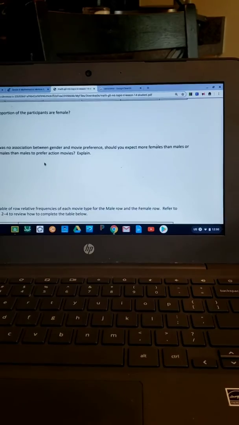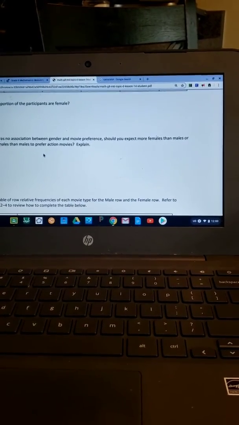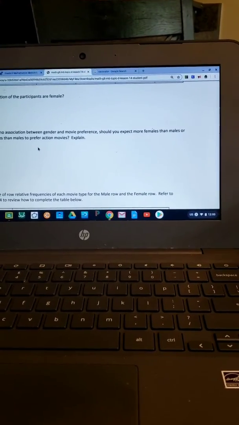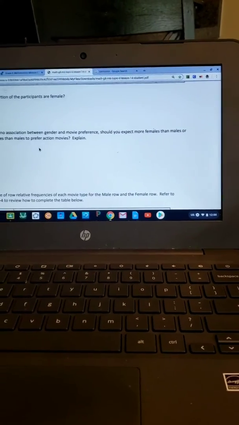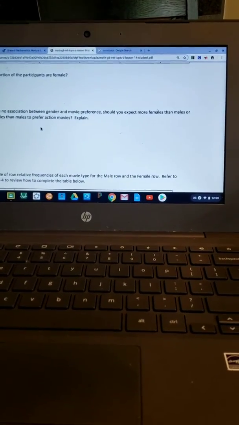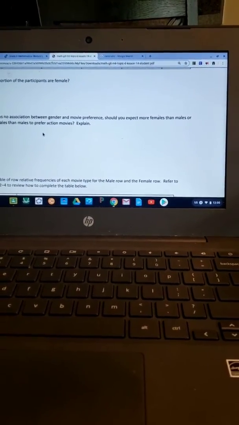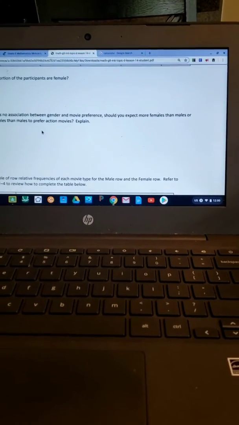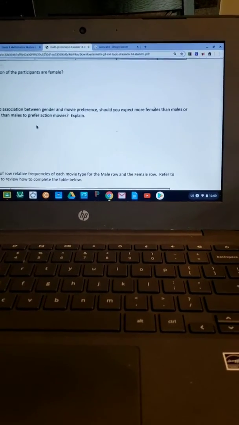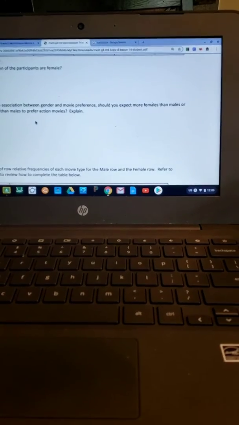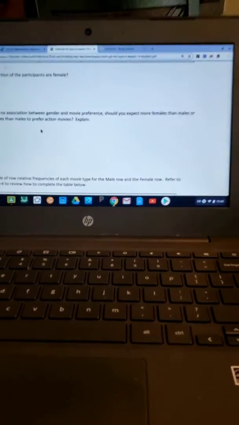All right. So because I have more females in my sample group, I would expect that more girls are going to prefer action movies than boys. Okay. But if there was an association, then I would probably expect that fewer females are going to prefer the action movies than the males.